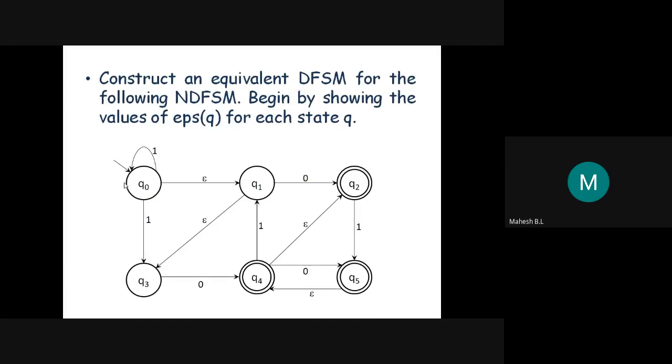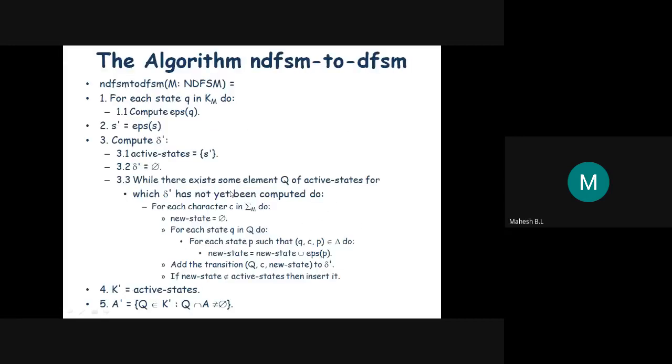For that, you need to compute epsilon of Q naught. Epsilon of Q naught is Q naught, Q1, Q3, which is nothing but the starting state of DFSM. So S dash is equal to epsilon of S. S is Q naught. So epsilon of Q naught is Q naught, Q1, Q3, which is the starting state of the DFSM. That is the first step.